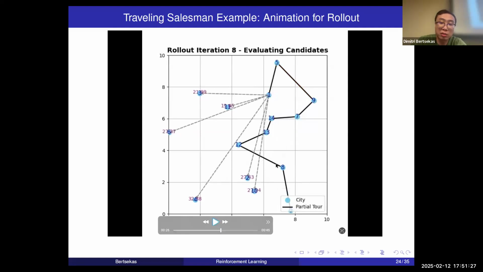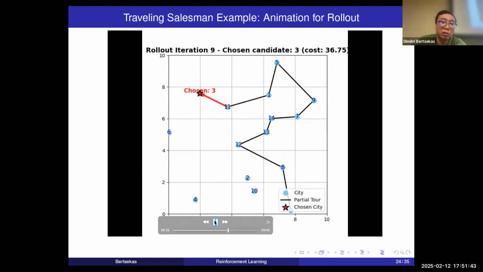Another interesting thing in the traveling salesman example is that starting from the beginning, you need to visit all the subsequent feasible cities, which is all the remaining ones. Then when approaching the end of the tour, the remaining cities are fewer and fewer.